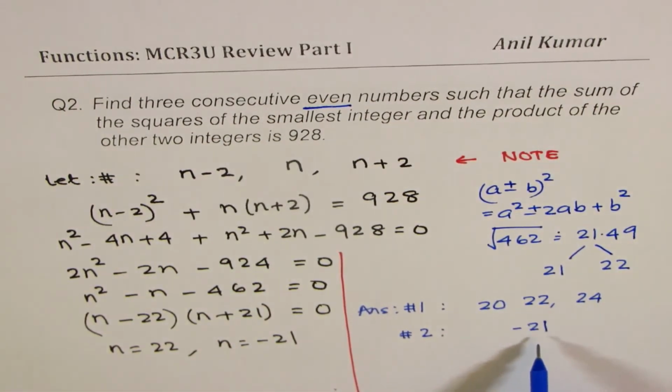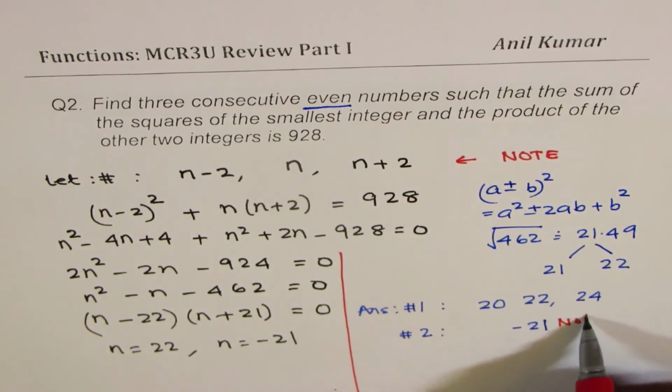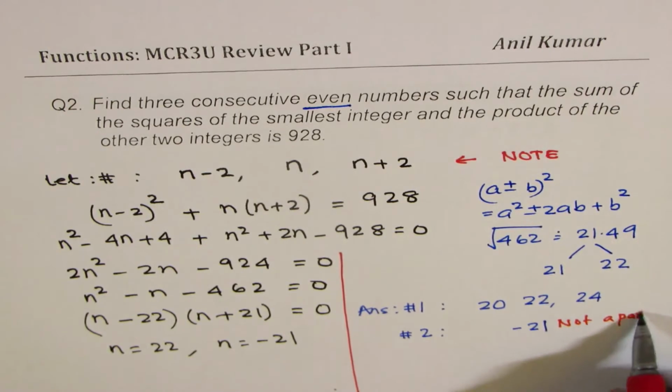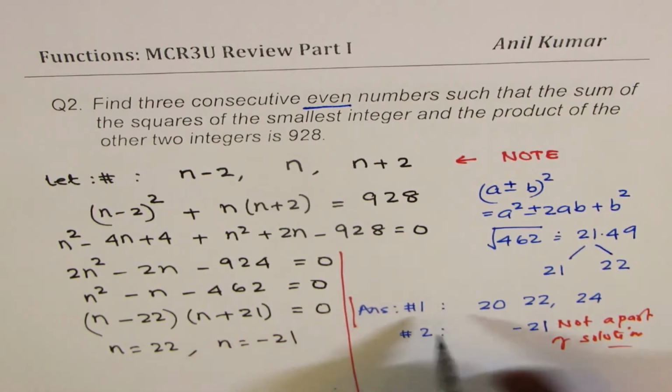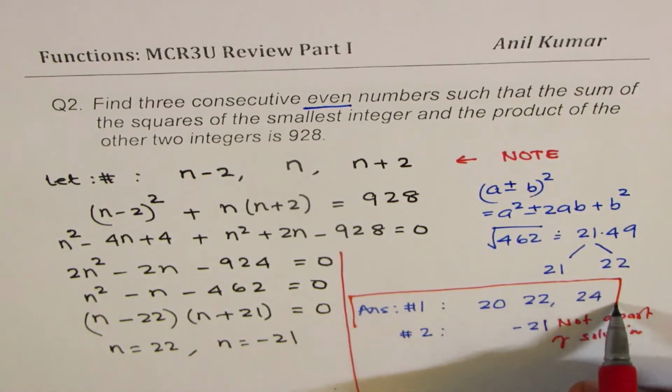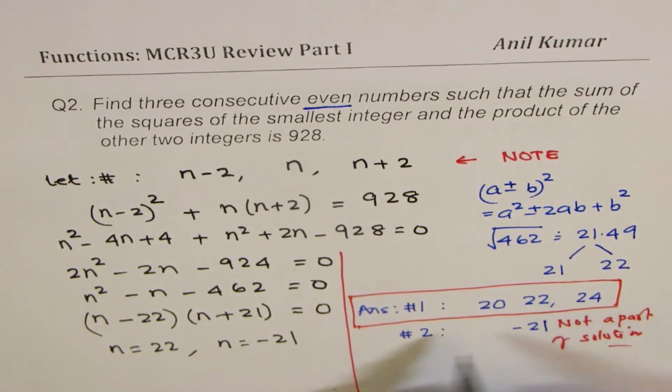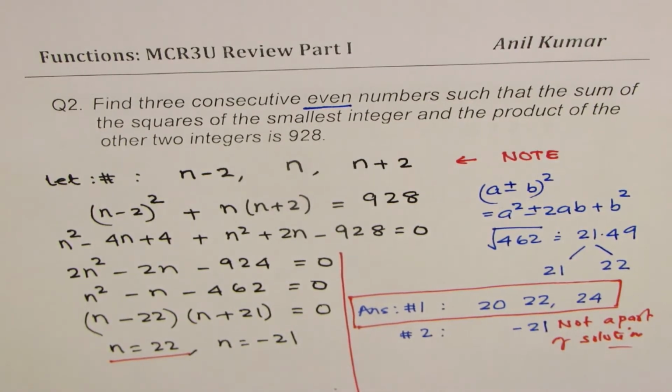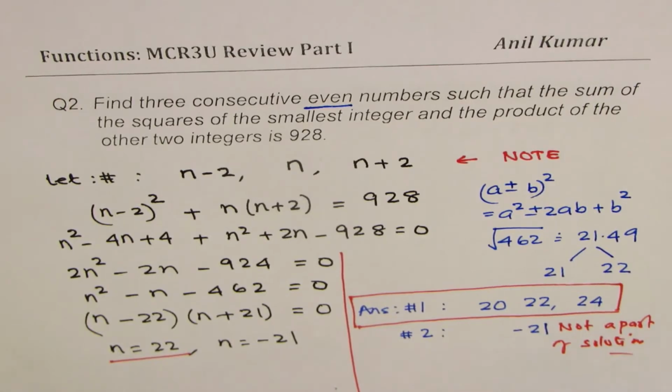Minus 21 is not even, so it is not a part of the solution. Does it make sense? So the only solution is the set with the positive number 22. So I hope that makes sense, right?